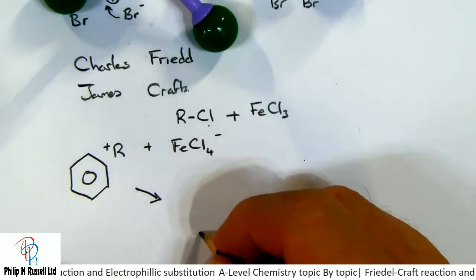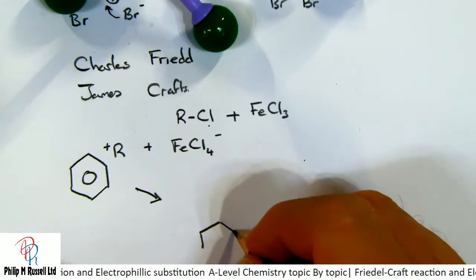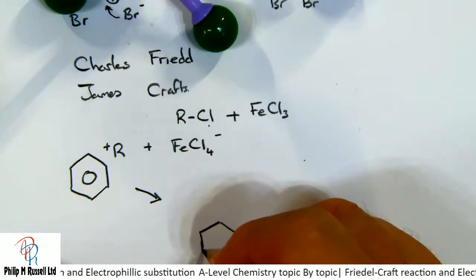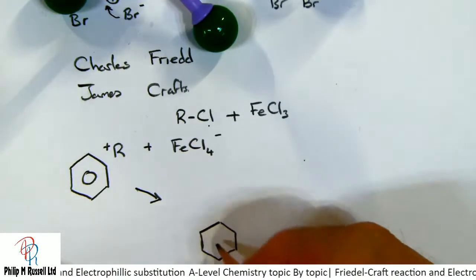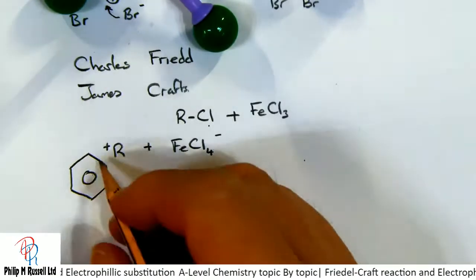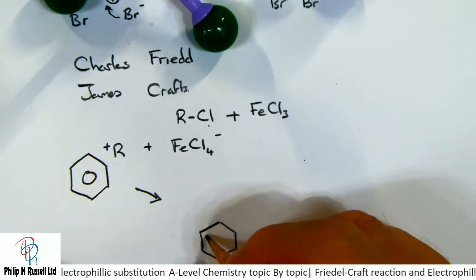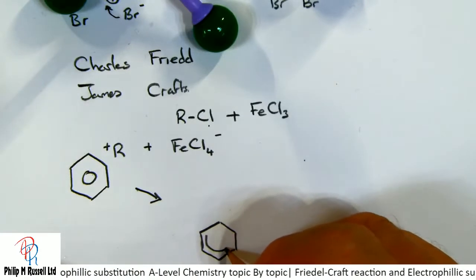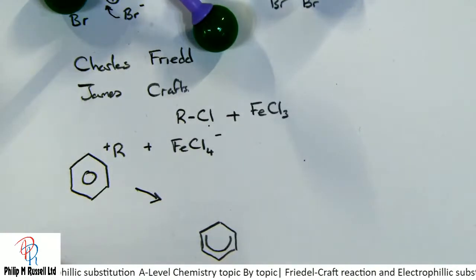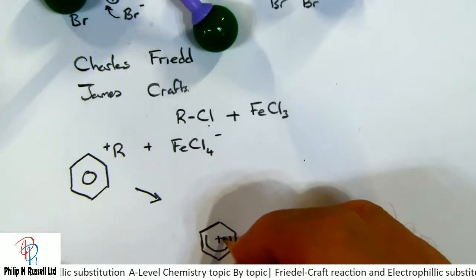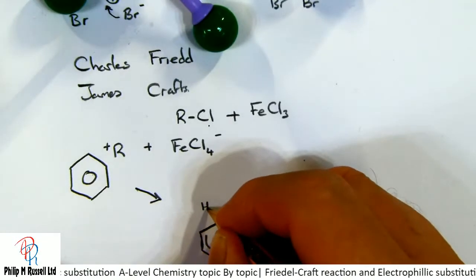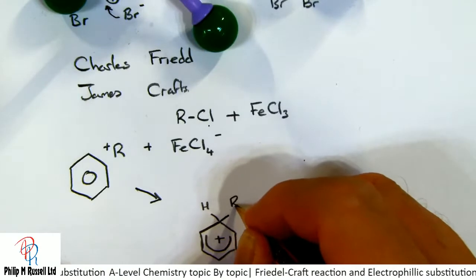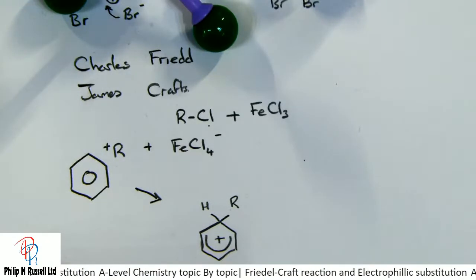And as we did before, we've got to draw in our delocalized electrons being broken. I'm going to make sure I'm below that line. And here's my delocalized electrons. We're showing this is now positive, and my H, we've also got the R group attached to that.